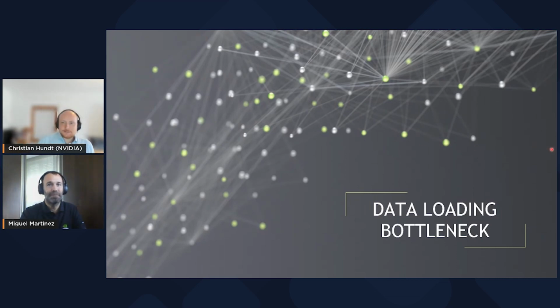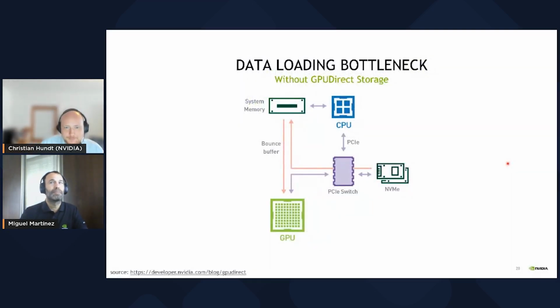Yeah, let's discuss a little bit about hardware. On the next slide, you will see the PCI Express topology of a GPU being connected to a PCI Express switch, and we also see an NVMe drive and also the CPU being connected to it. So if we would copy data from the NVMe drive to the GPU, usually we would have to involve the CPU.